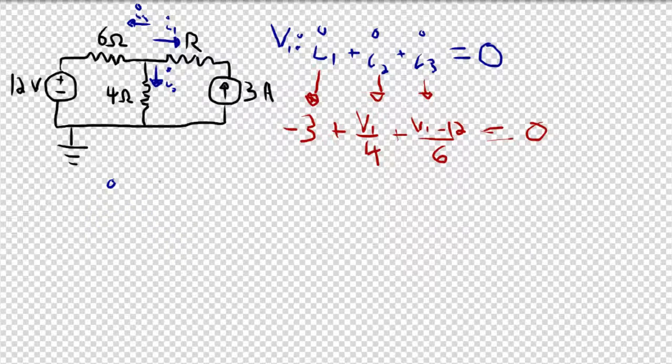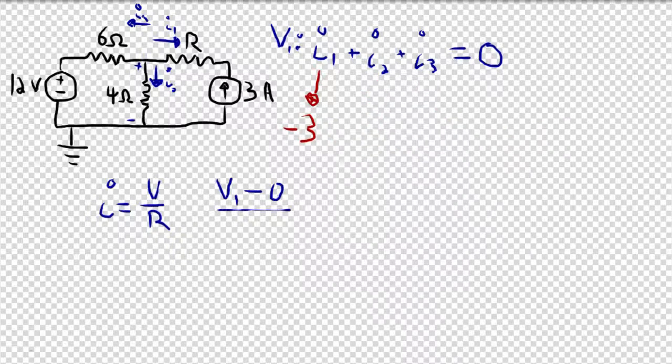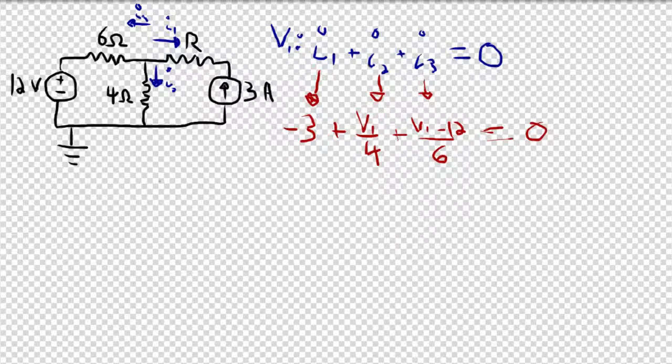Now, you can go about solving this however you feel. It doesn't actually matter which way you do it. But I'm going to show you the way that is sort of easier to follow when we move on to circuits with more than one non-reference node. In that case, we'll need systems of equations. So all we can do is move this minus 3 over.